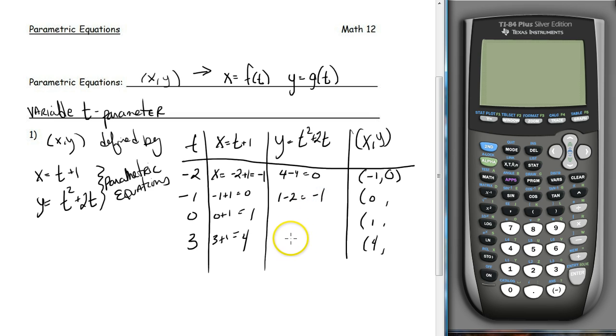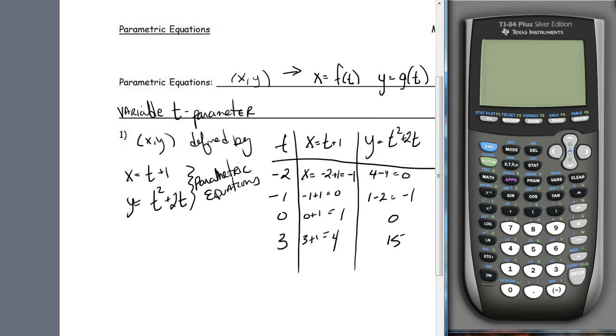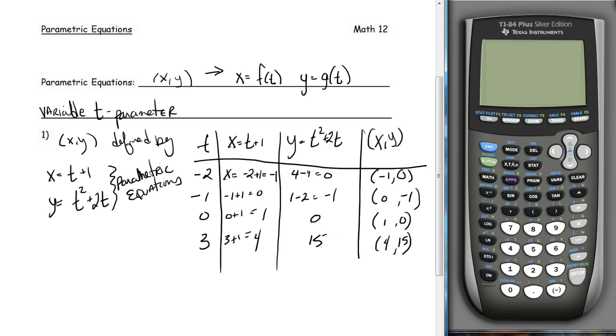That's a -1. 0 squared, 0 is 0. 9 plus 6 gives me 15. So these are my y values. These parametric equations gave us these points, which I can graph normally now. Now these are like normal points.